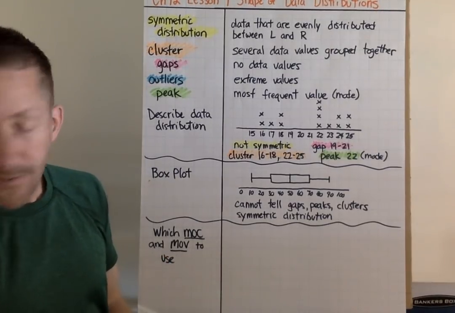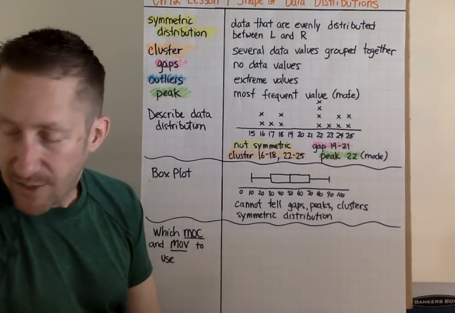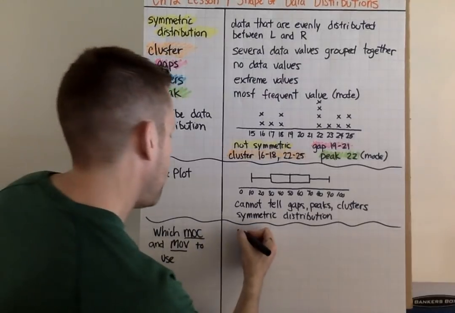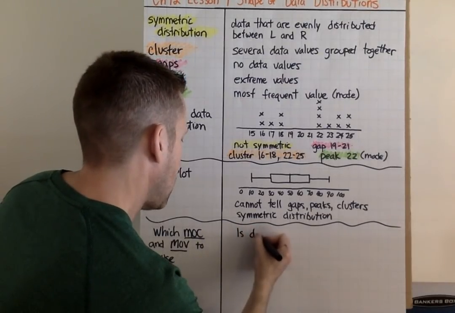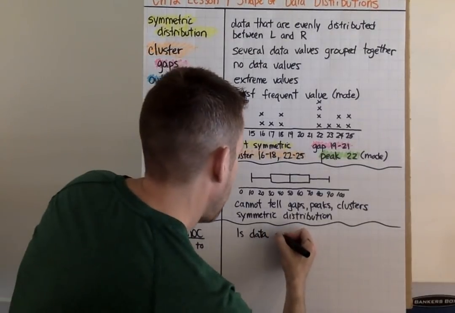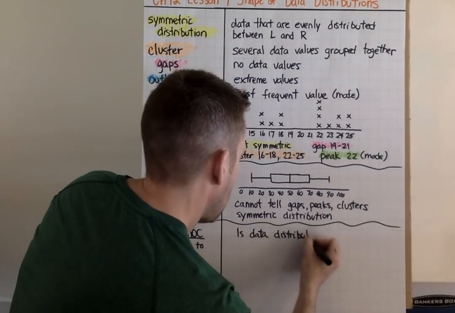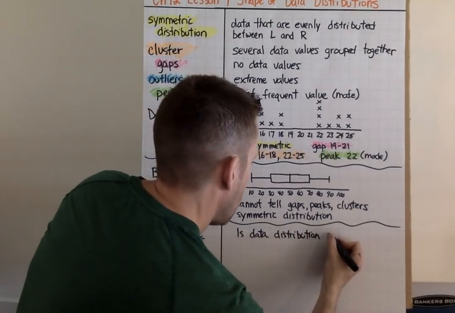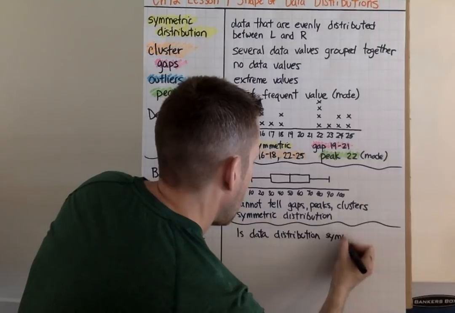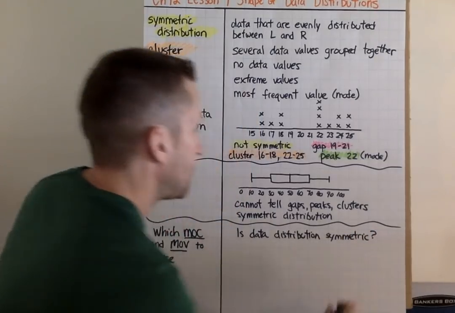So this is the guide. The first question you ask is, is your data symmetric? Okay, so is the data distribution symmetric? Question mark.